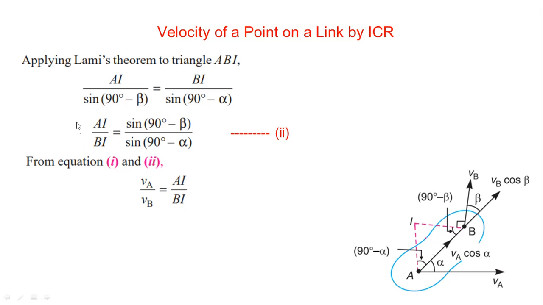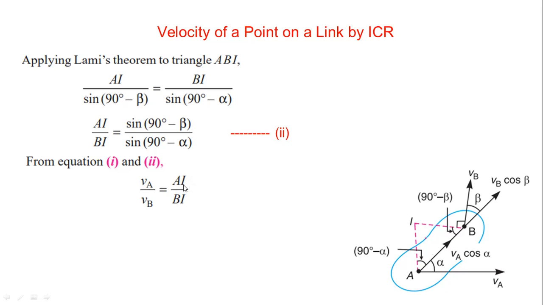Over there also VA by VB is equal to sine of 90 minus beta upon sine of 90 minus alpha. So from equation number 1 and 2, the ratio of velocities is exactly equal to the ratio of the distances of the points from the ICR.